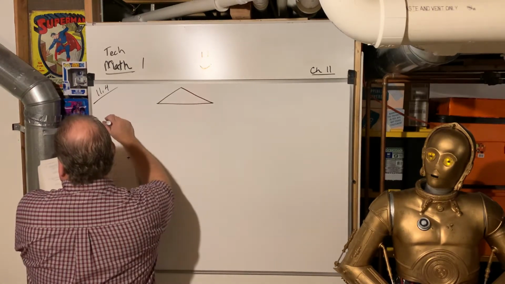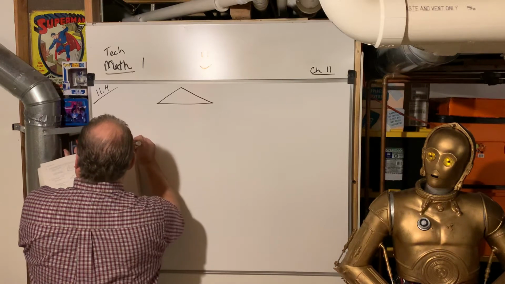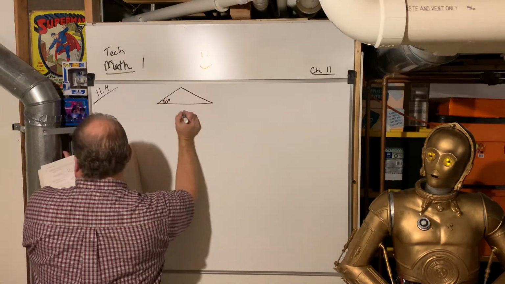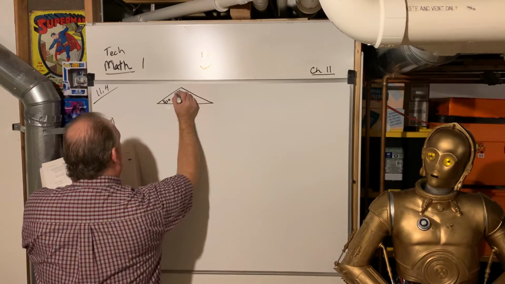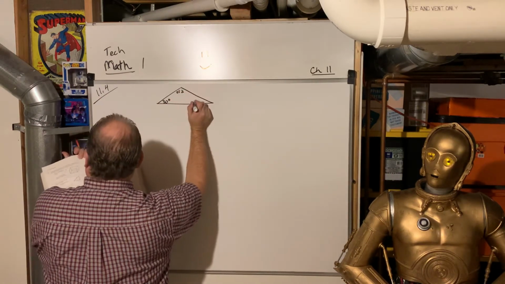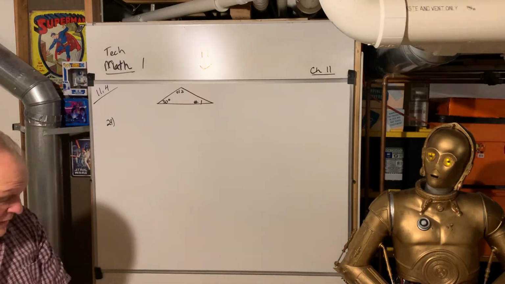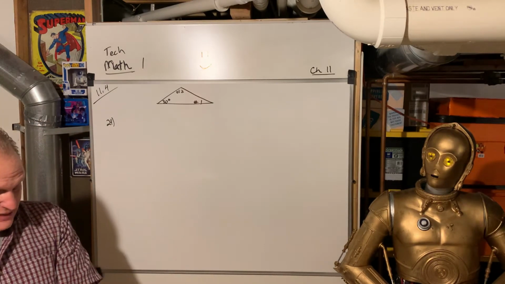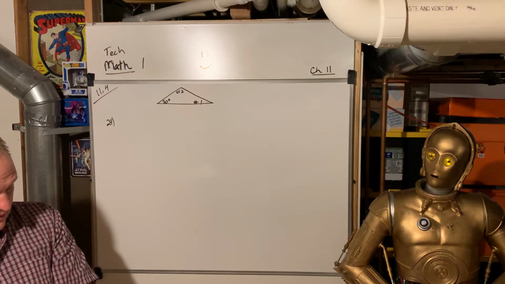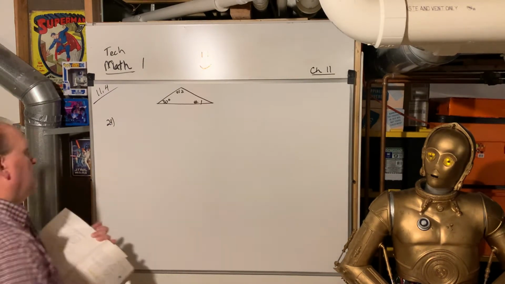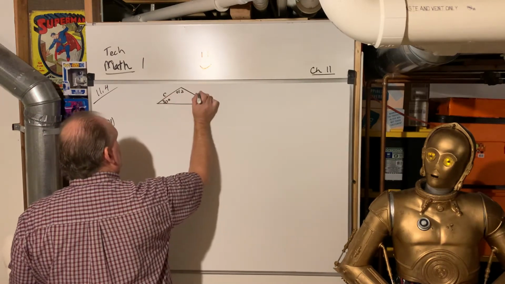It's number 29 we're looking at. And so they have 30 degrees here. And they just call this one number 2. And they just call this one number 1 for the angles. And it says, since the angles opposite of C, oh, and they have this marked as C and this marked as D.